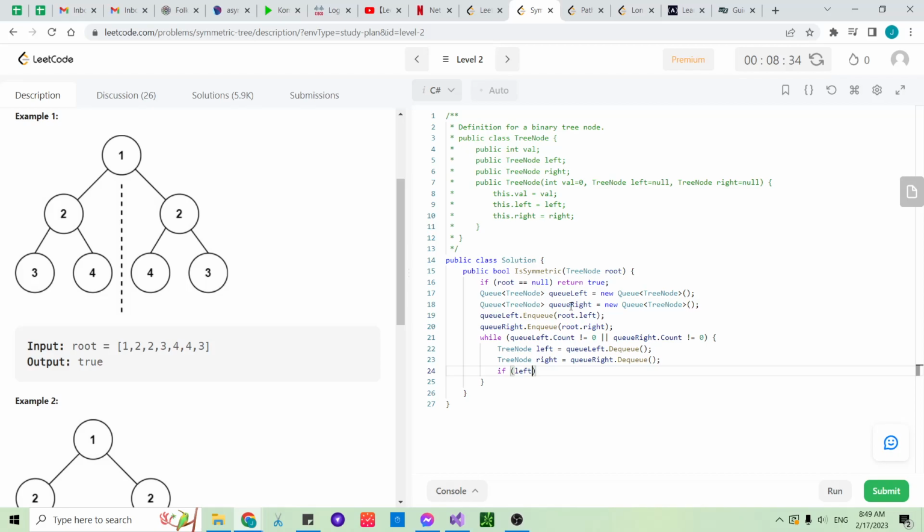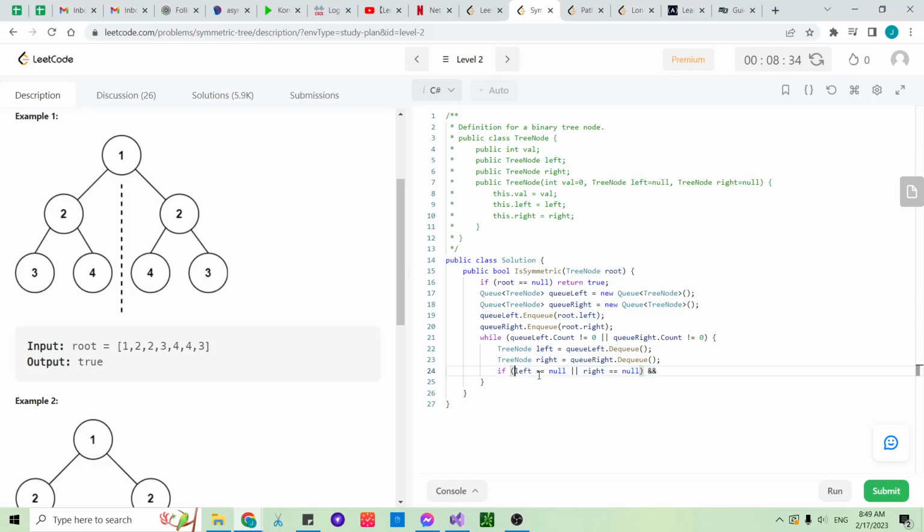If left is null or right is null, okay, I guess let's do this.